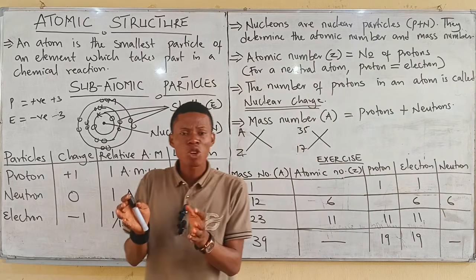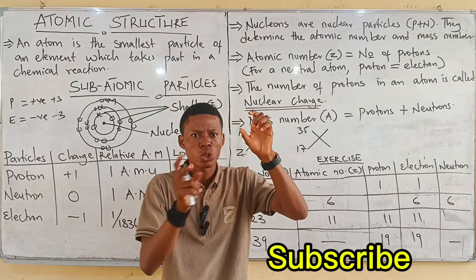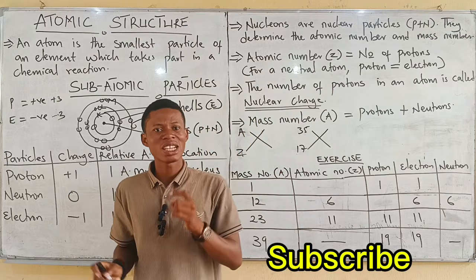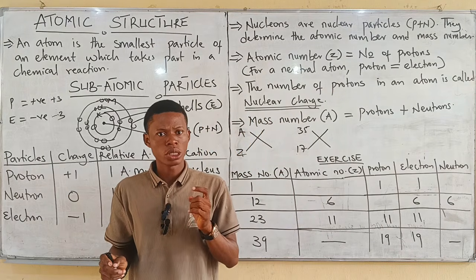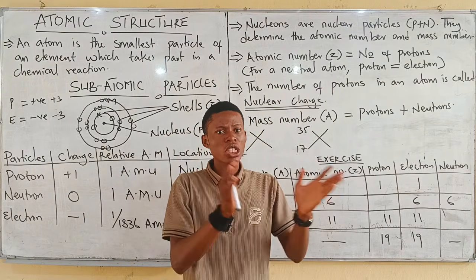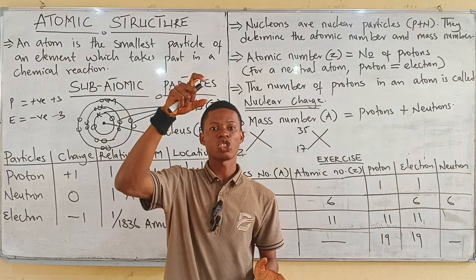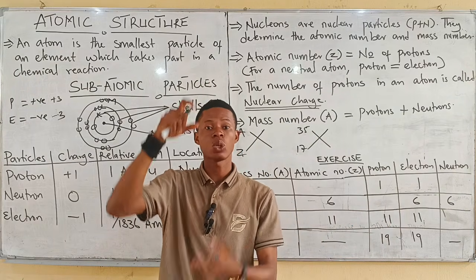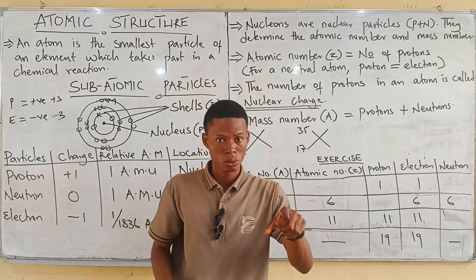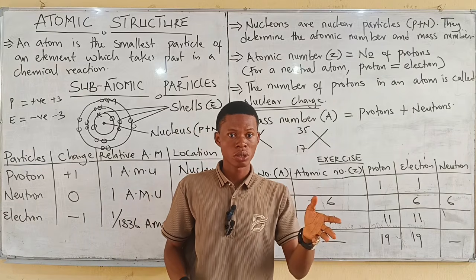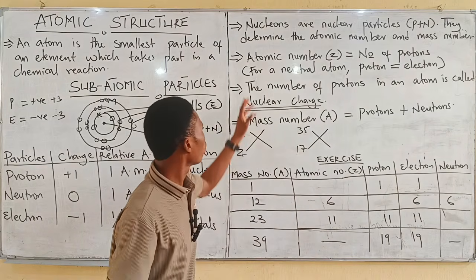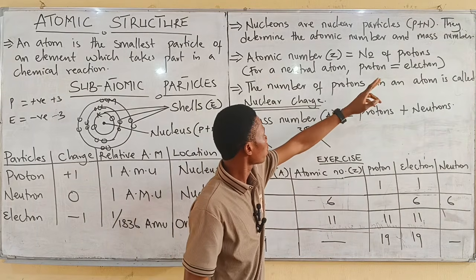If the atom is having a charge, just know that the proton is not equal to the electrons. Are we following? It has acquired an electric charge, either positive or negative. So it is now an ion. Do we understand that? So for a neutral atom, proton equals electron.